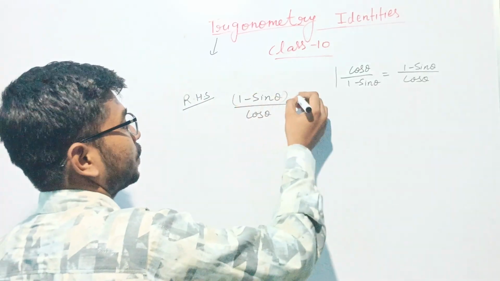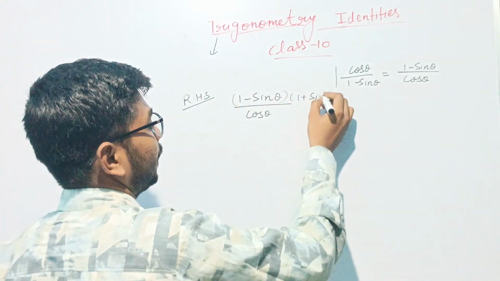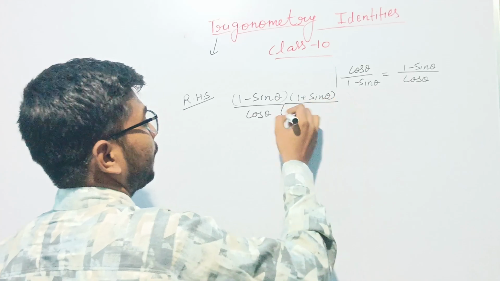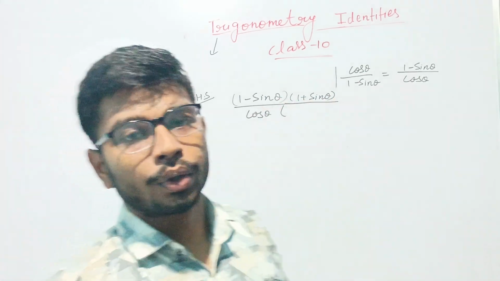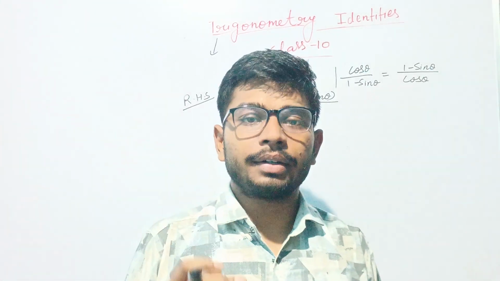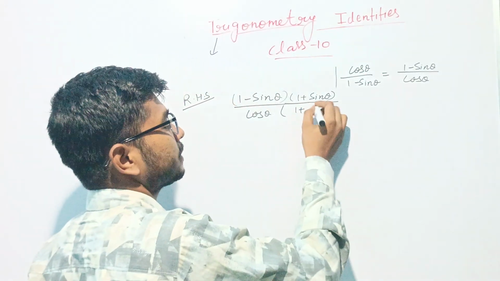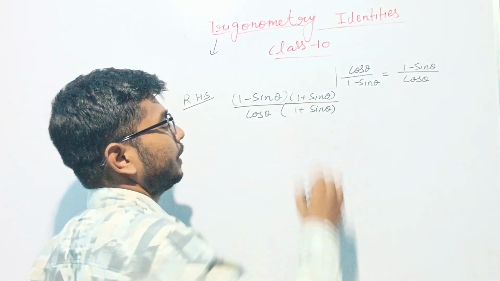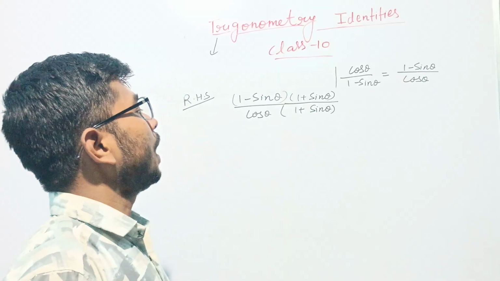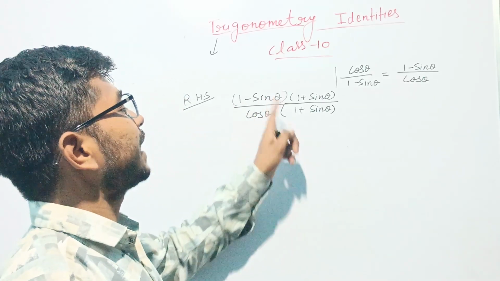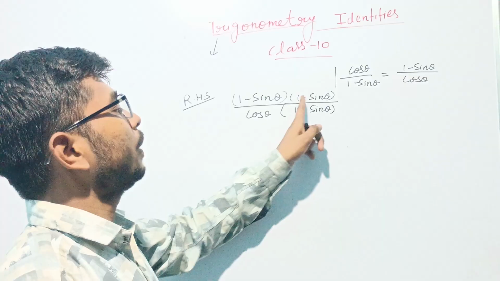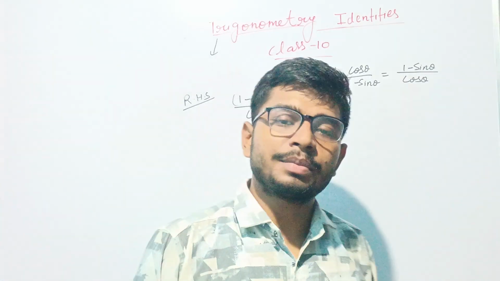So 1 plus sin theta multiplied in the numerator, so you have to divide also by 1 plus sin theta, right? Any doubt? Now 1 minus sin theta into 1 plus sin theta, there is an identity, a squared minus b squared equals a plus b into a minus b.